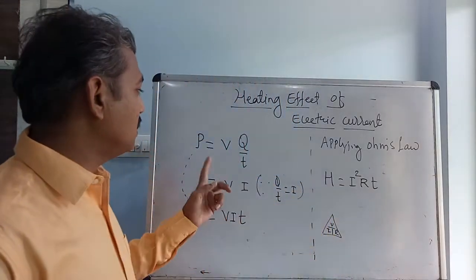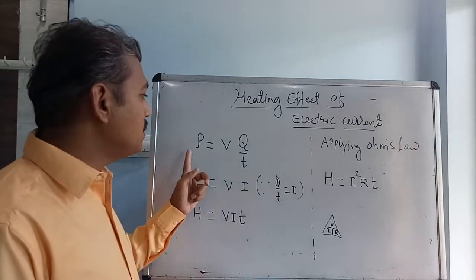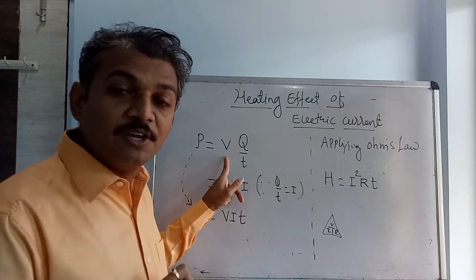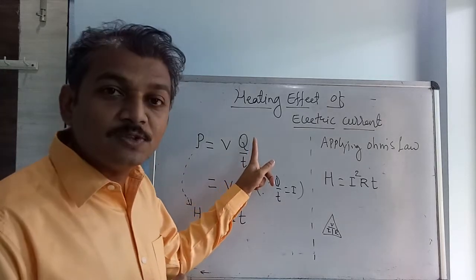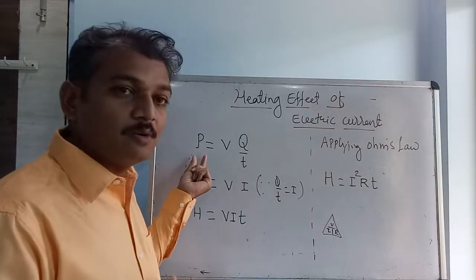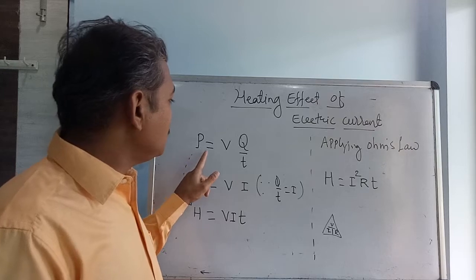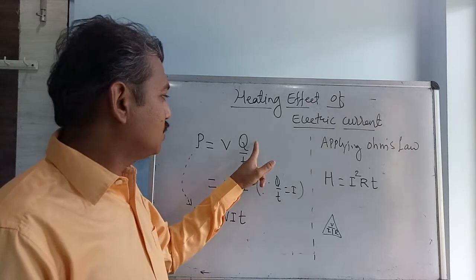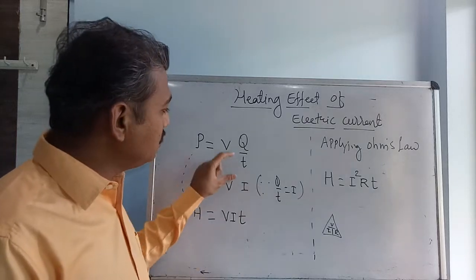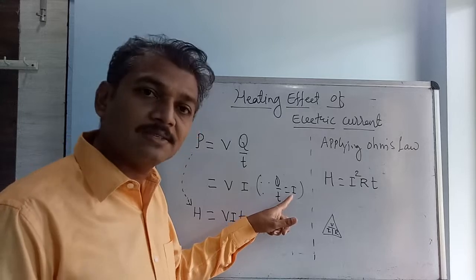So here is an equation called P, the power which I was talking just now. P is equal to V. It means under that potential difference, these charges were flowing in certain time t. This power which we are calling as electric power, P is equal to V Q upon t, charges flowing in time t. And now as we know that Q upon t, that is charges flowing in time t, is called as current.